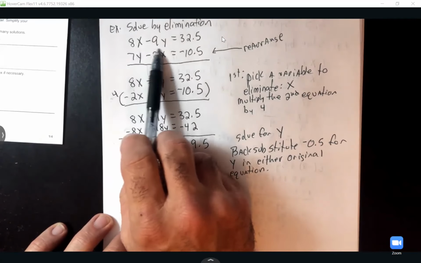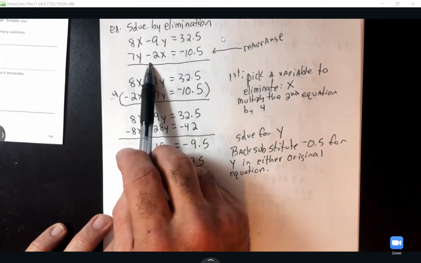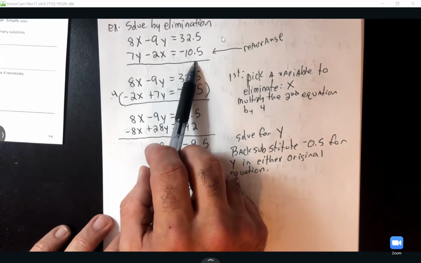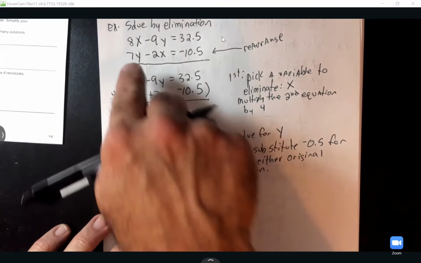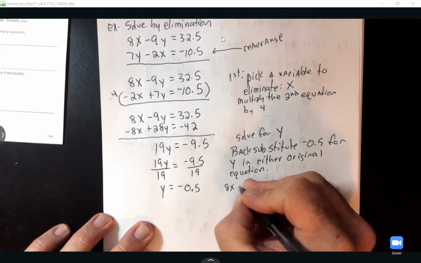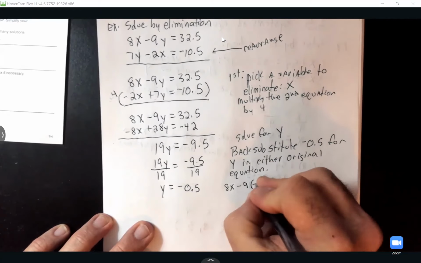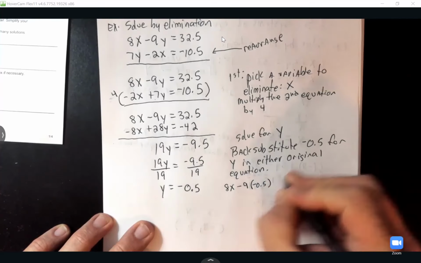So I can do the 8x minus 9y is 32.5, or we can plug it into the 7y minus 2x equals negative 10.5. I'll probably just do that top one. So that gave me 8x minus 9 times the y, which was a negative 0.5.